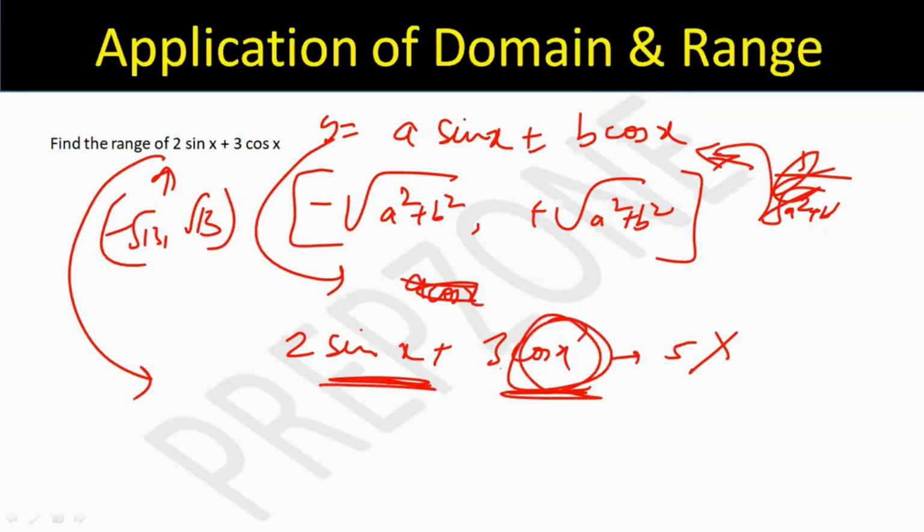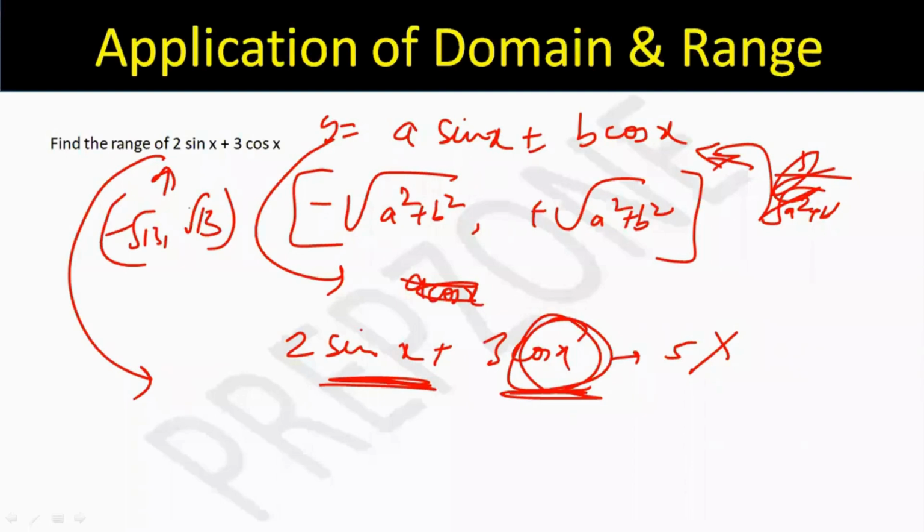And when sin x is 1, cos x will be 0, which means 5 will never be possible. So all those students who were saying 5, I think Kishan and other students, is this clear? Why 5 cannot be the answer?